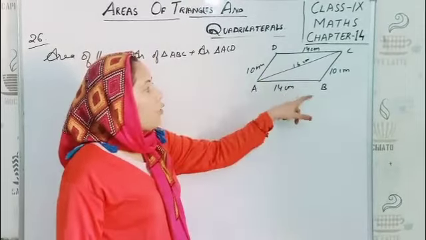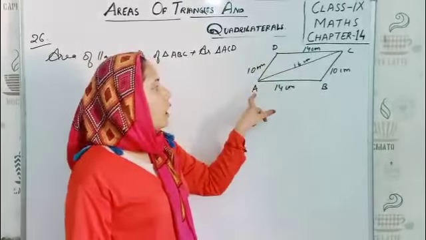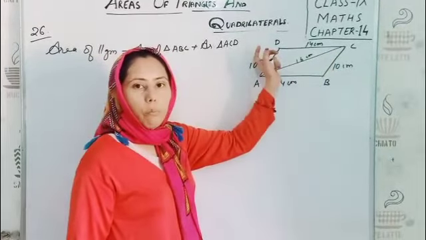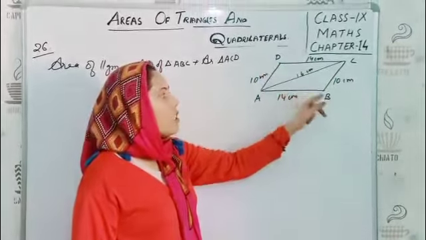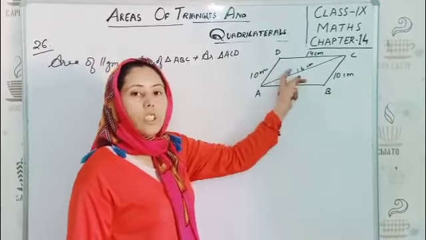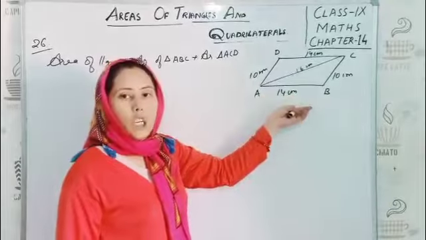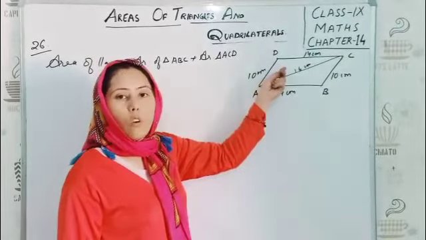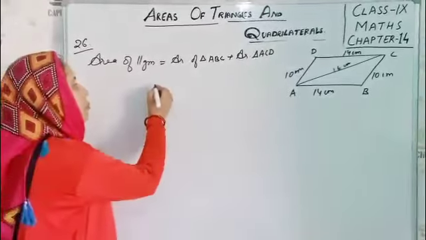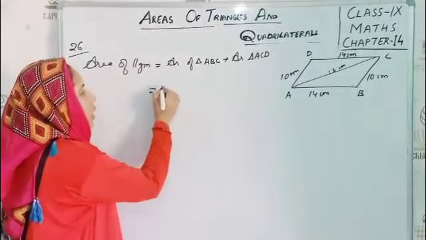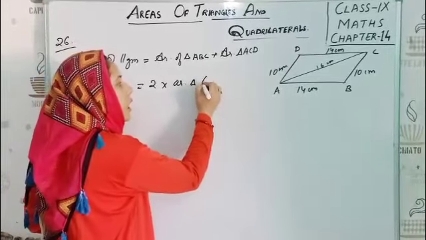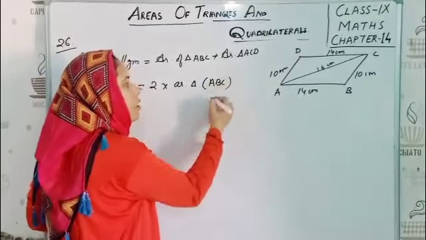So the area of the parallelogram is the area of triangle ABC plus ACD. Now the sides are the same, so the areas will also be the same: this is 10, this is 10, 14 and 16, 14 and 16. So the area of triangle ABC equals the area of triangle ADC. It means the area of the parallelogram is 2 times the area of triangle ABC.